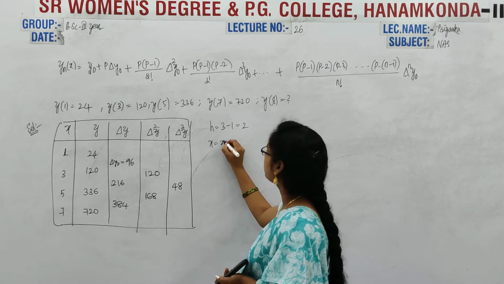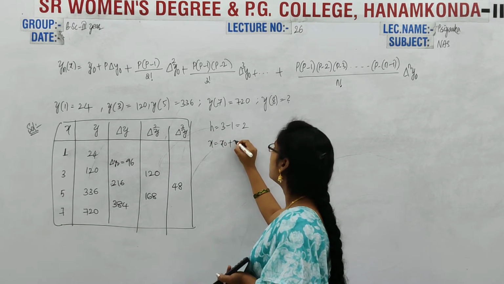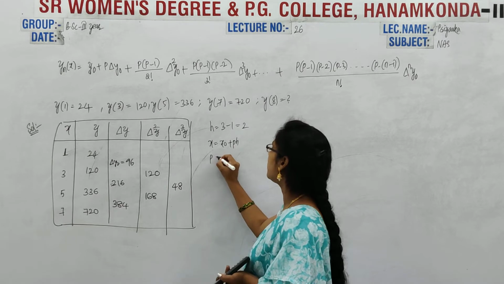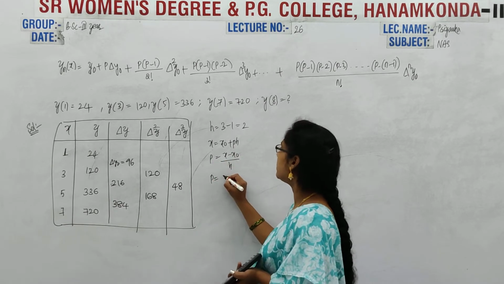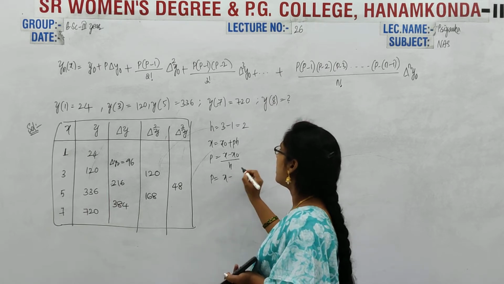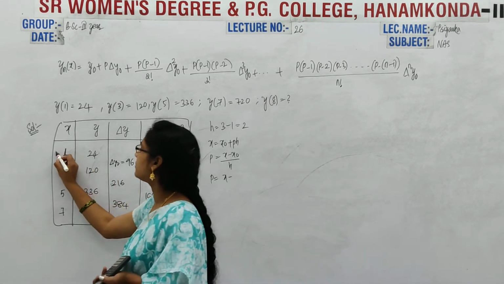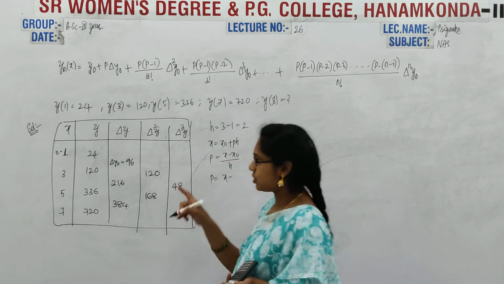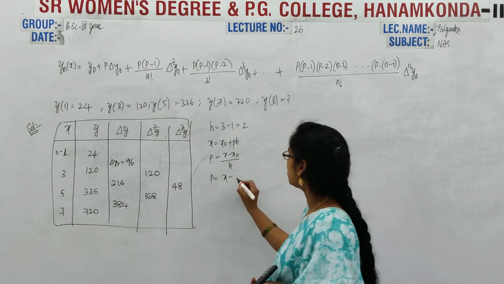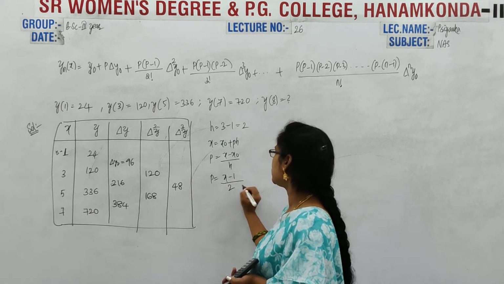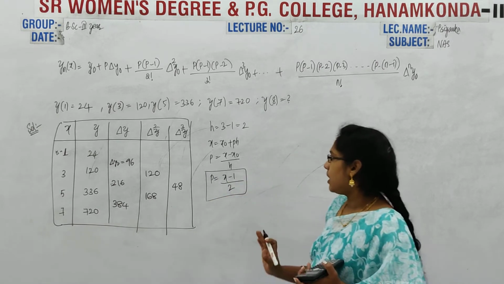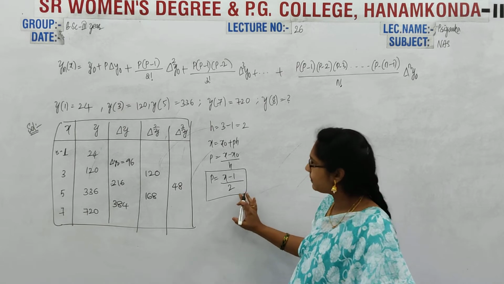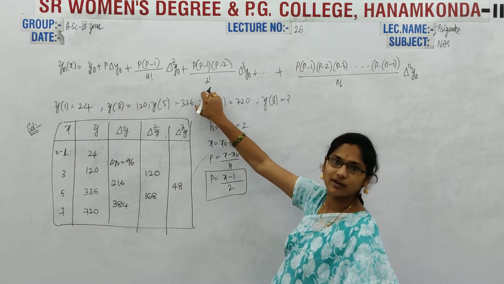Now x equals x naught plus ph, so p is (x minus x naught) by h. x naught is the first value, then x1, x2, and so on. So p is (x minus 1) by 2. This is the p value.